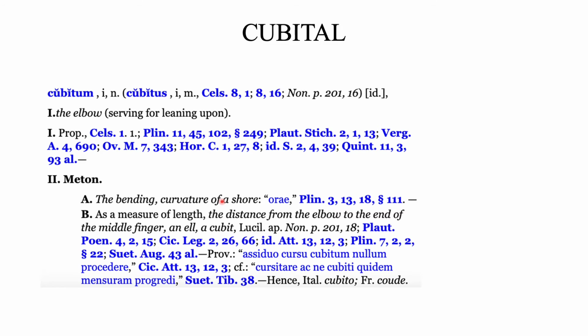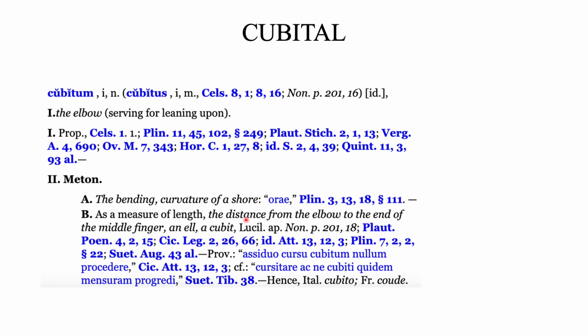It also, as we shall see later, comes to be used as a measure of length, that is the distance from the elbow to the tip of the middle finger, which is translated as cubit when we run into that measurement noun in different languages, whether it's Hebrew or ancient Egyptian, as we'll see in a few slides from now.